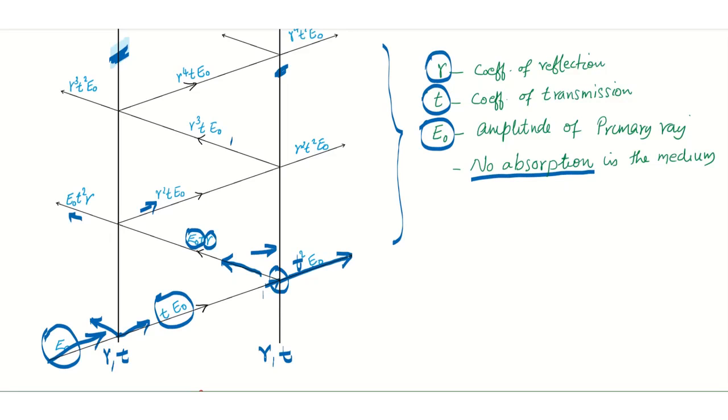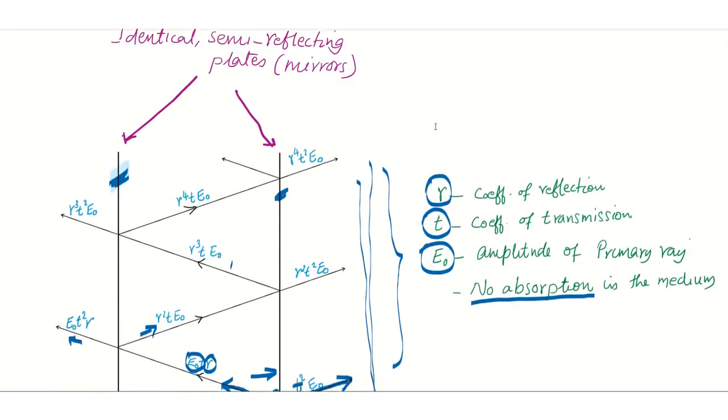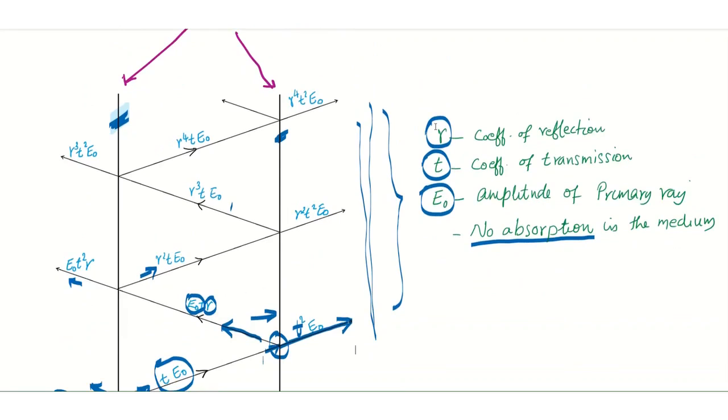What we are interested in is the field distribution here, as the multiple waves transmit through the two plates, plate 1 and plate 2. As I said, we assume they are perfectly parallel. We don't consider any deviation from parallelism, and also we assume that they are perfectly flat.